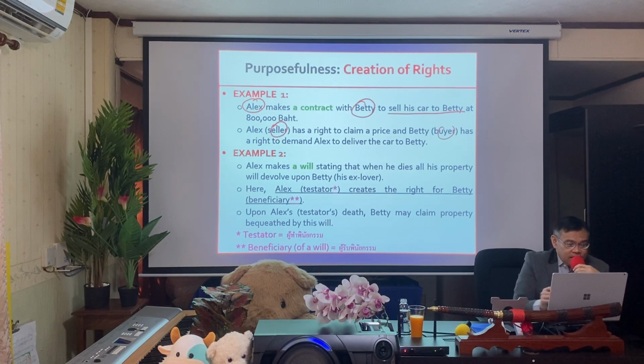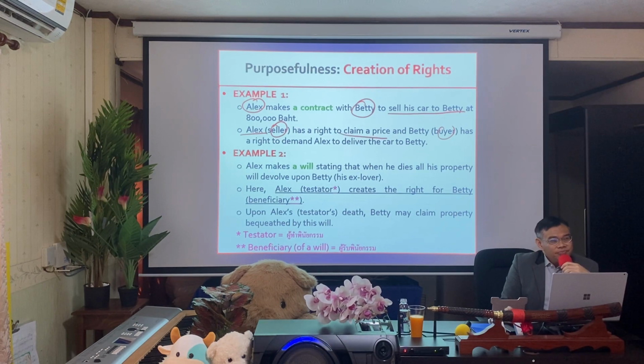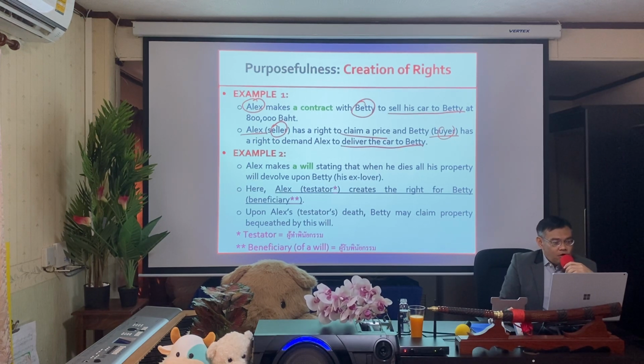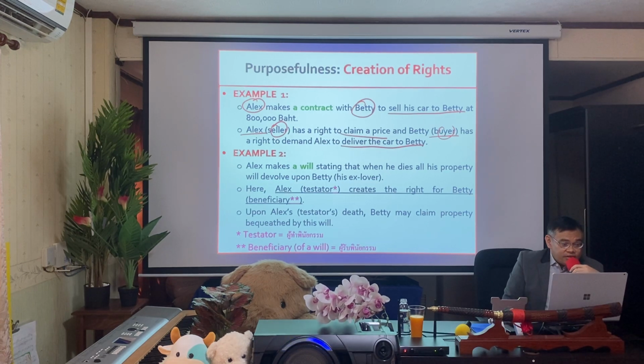establishing some rights. In this case, both parties will have some rights. Alex, as a seller, will have the right to claim the price, of course. And Betty, as the buyer, has the right to demand delivery of the goods from Alex.